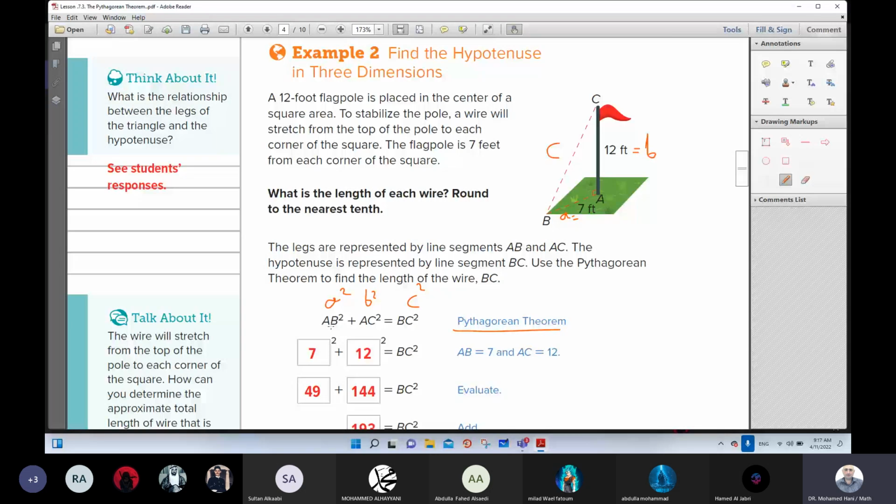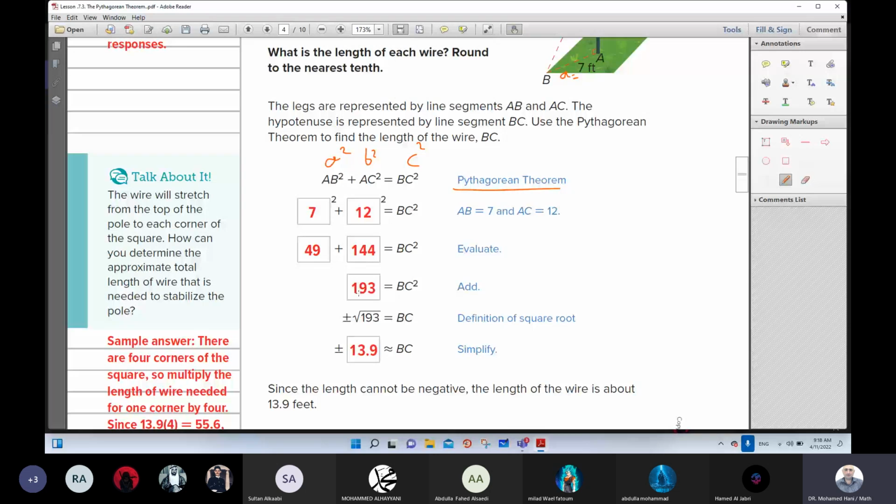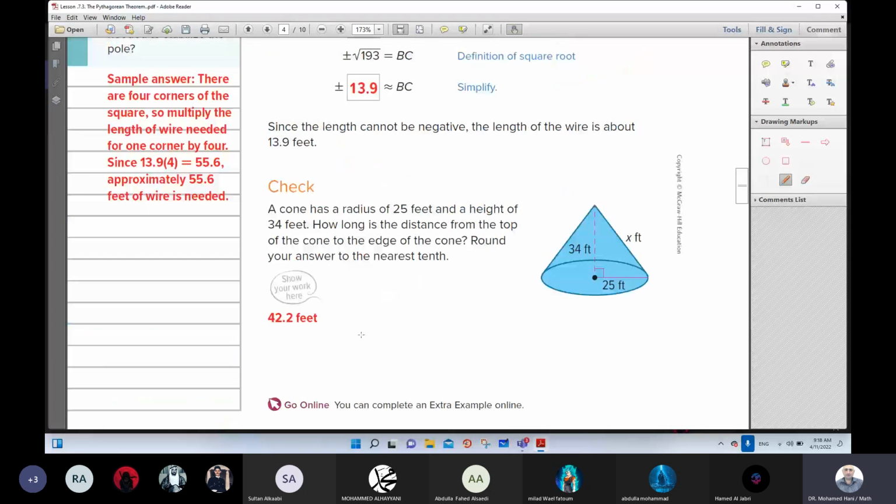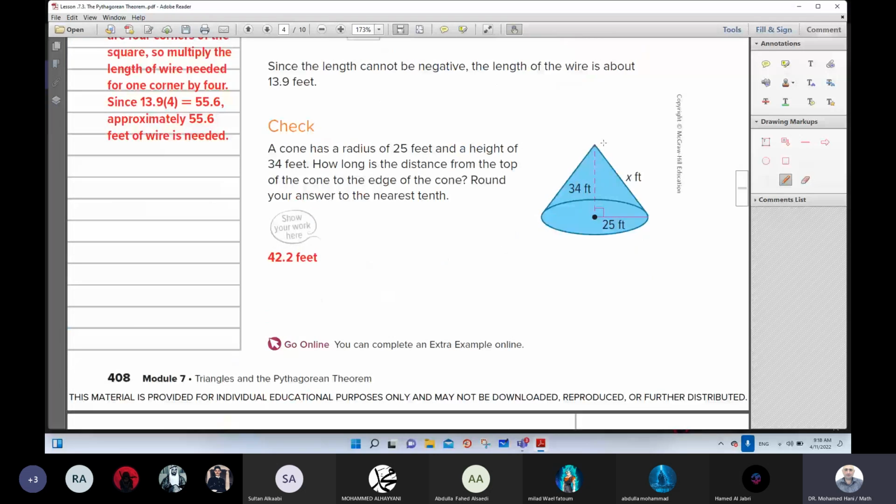In this example, here we have a cone. Beside this cone, we have here this part. This is a right triangle. As you see, we know A here, A equals 25. And we know B here. And this is the missing value here.